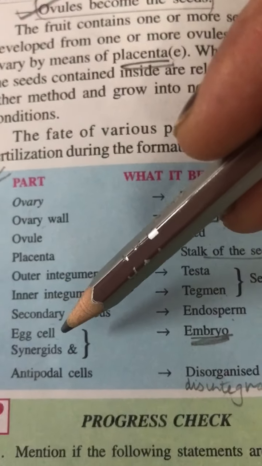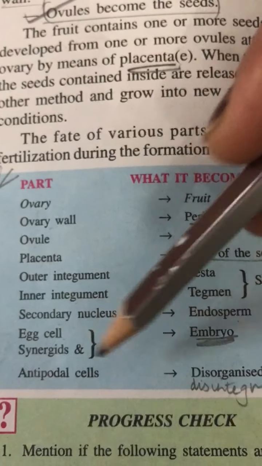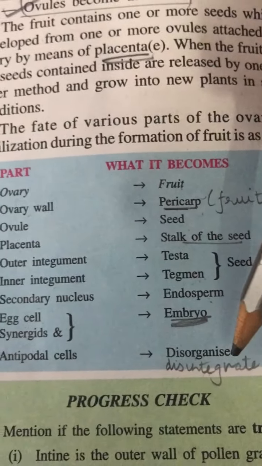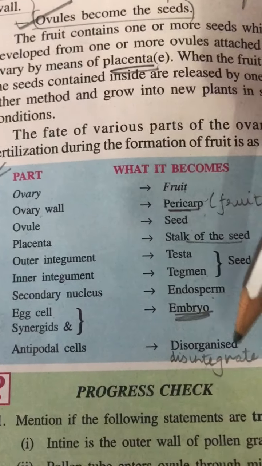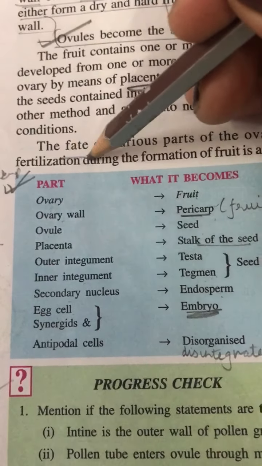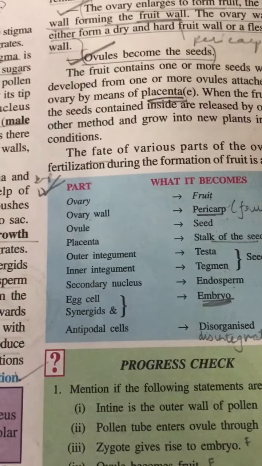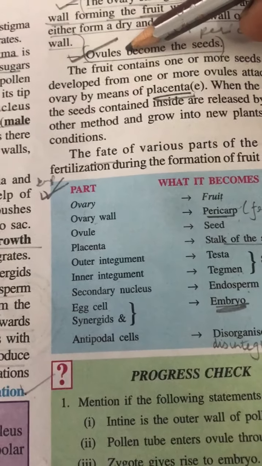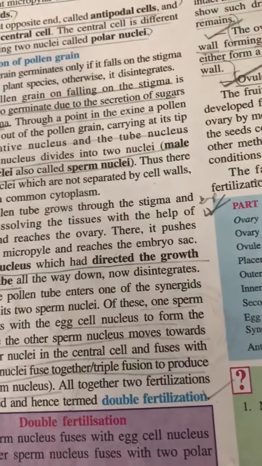If the egg cell is not capable of fertilization, then synergids into embryo, and antipodals disintegrate or become disorganized. This is called the fate of fertilization. Different parts of the ovary, what happens to them. And overall we know ovule forms the seed and ovary the fruit.